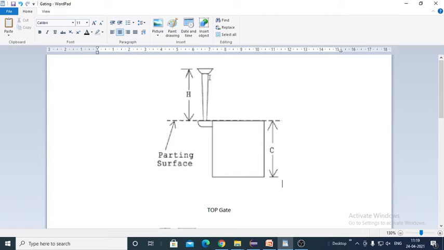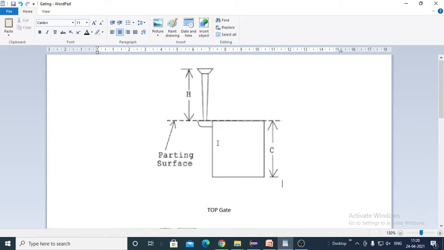That means whenever the molten metal is poured in such a way, the metal comes initially at the bottom, then it starts filling from bottom to top. So it is the most favorable temperature gradient for feeding of the solidifying casting. Whenever molten metal is filled in this cavity, at that time we can see that at the top portion the hottest metal is there. Okay, so it is the advantage of the top gate.